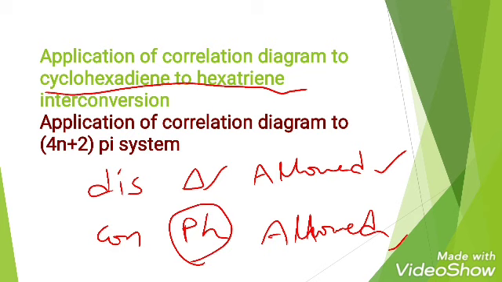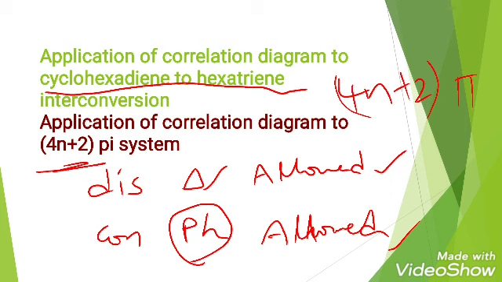This is true for 4n plus 2 pi systems. This is applicable to 4n plus 2 pi systems where n is equal to 0, 1, 2 and so on.